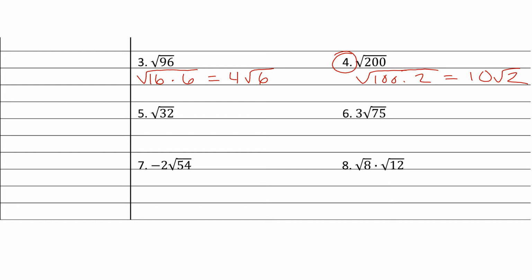So, two ways of doing this. You can start off by taking 200 and dividing it by all of the perfect squares that are listed above, starting with the ones that are larger. Like starting with dividing by 196, that doesn't work. 169, that doesn't work. Dividing by 144, that doesn't work.